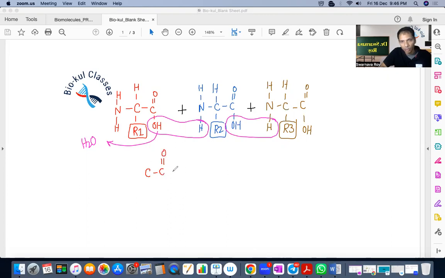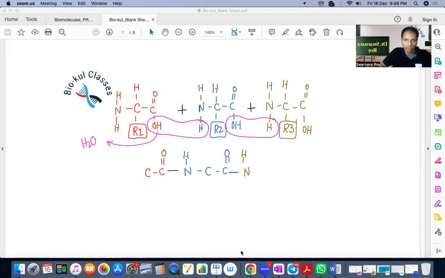The CO is now bonded, I'll give a black line here, it's bonded with the NH. So this CONH is a peptide bond, and then the C, CO. Again, I'll give a black line here. So this is basically the peptide bond formation between these 2 amino acids.